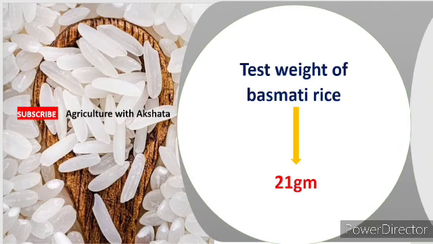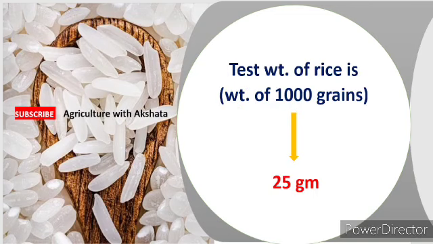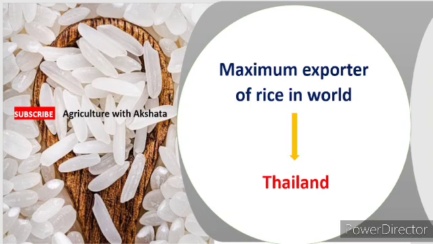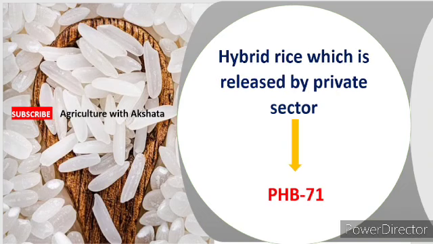The test weight of basmati rice is 21 gram, whereas for normal rice the test weight is 25 gram. So test weight is nothing but the weight of 1000 grains, whereas seed index is nothing but the weight of 100 grains. The maximum exporter of rice in the world is Thailand.